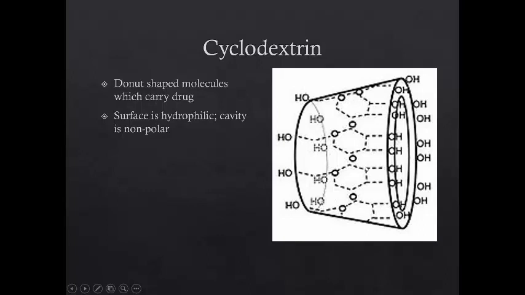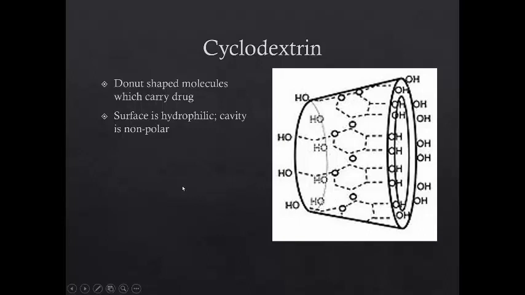I think of it as the cloak of invisibility if you're a Harry Potter fan. The surface is hydrophilic, and the cavity is nonpolar, so a drug that needs to be in a hydrophilic system can hide in here and become more soluble when you add these little donuts.